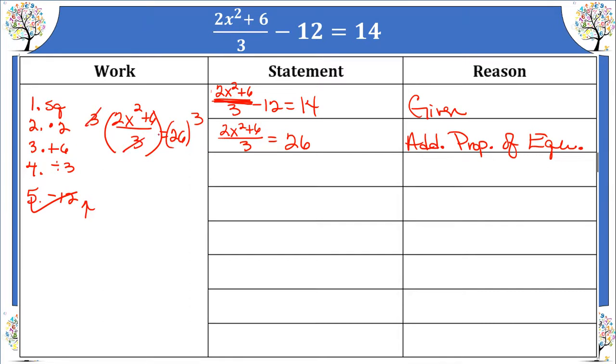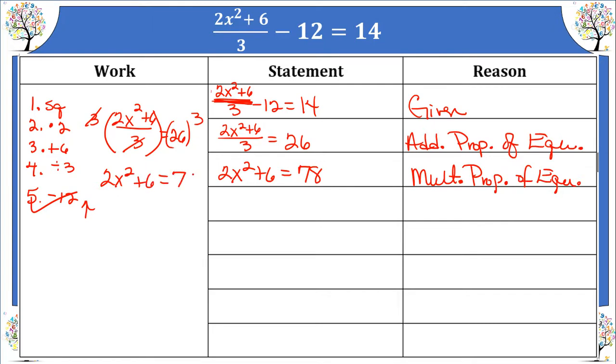And the 3's cancel, leaving me with 2x squared plus 6 equals, and then 3 times 26, that's going to be 78. So that was the multiplication property of equality.